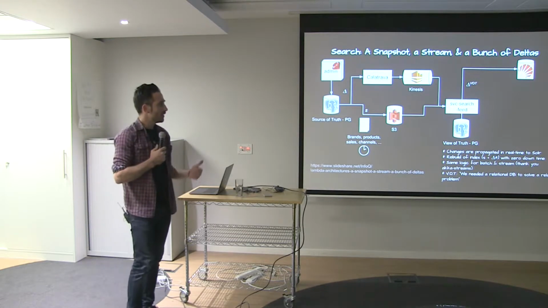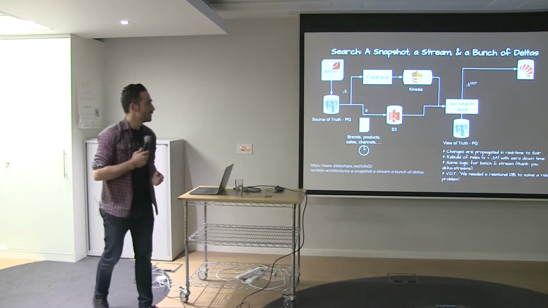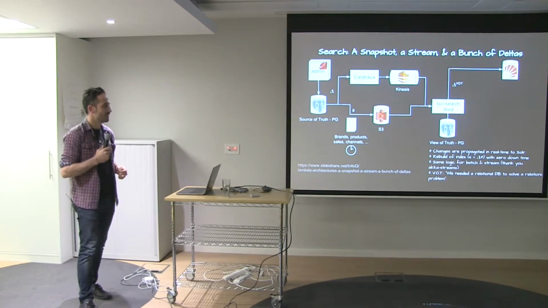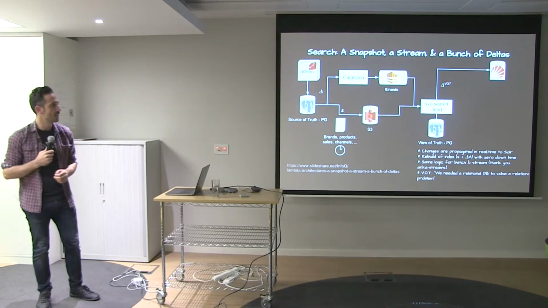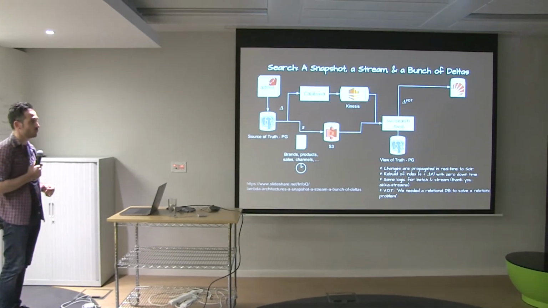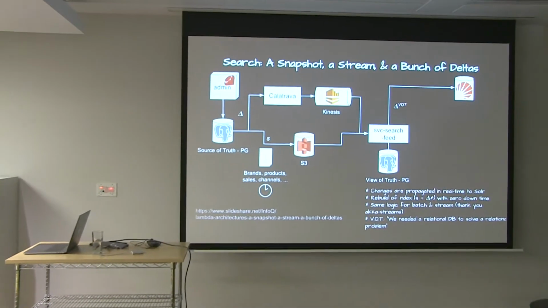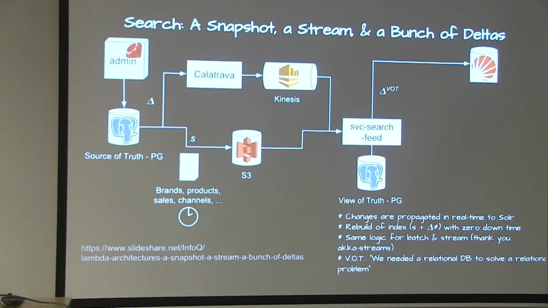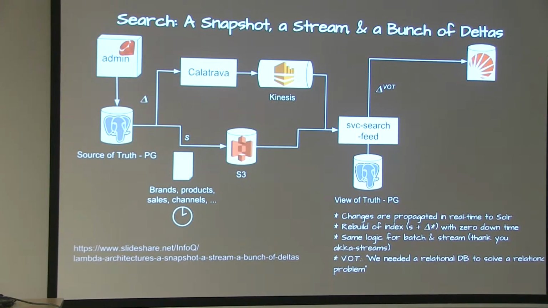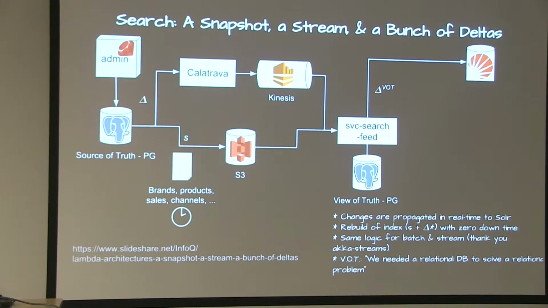So, as a result, we reached the goal to propagate the change in real time, near real time in Solr. Another nice feature was that we could rebuild indexes with zero downtime, working with alias in Solr. We built this system using Kafka Streams, so the batch layer and the speed layer reuse the same software.